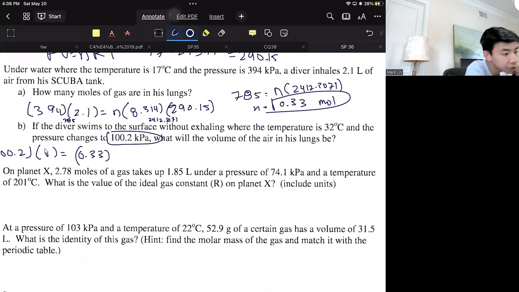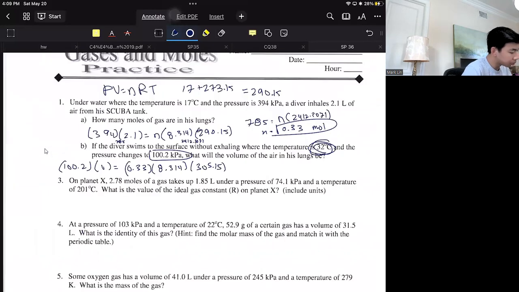This does not change. And then 8.314 is the R constant. And then the temperature is not 32 degrees Celsius, right? Because we have to be using Kelvin. 32 plus 273.15 gives me 305.15.